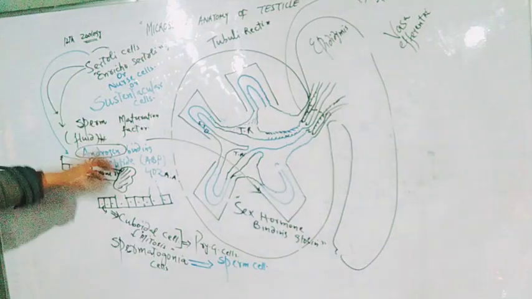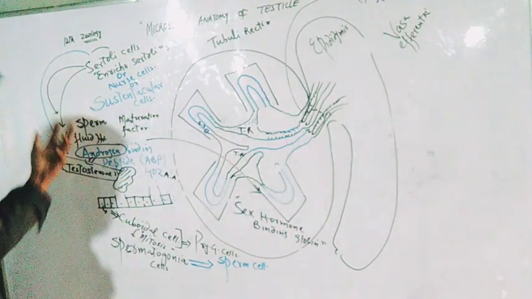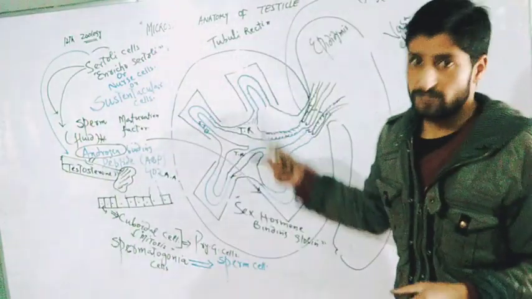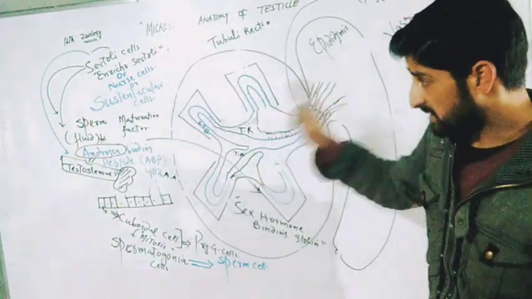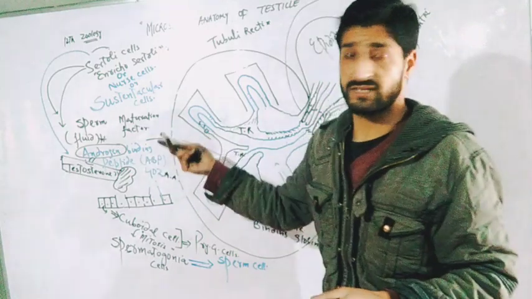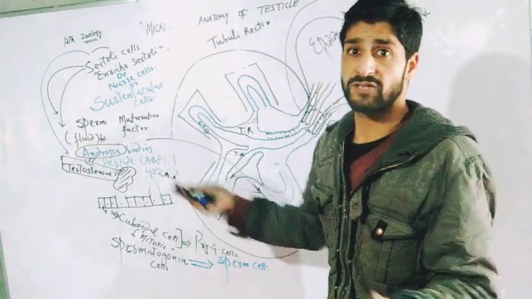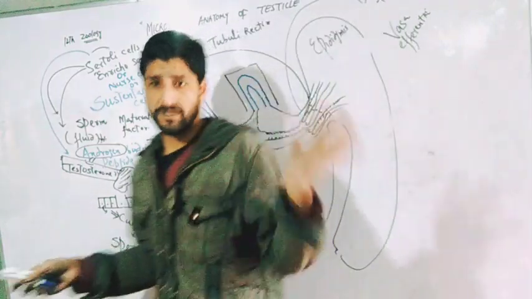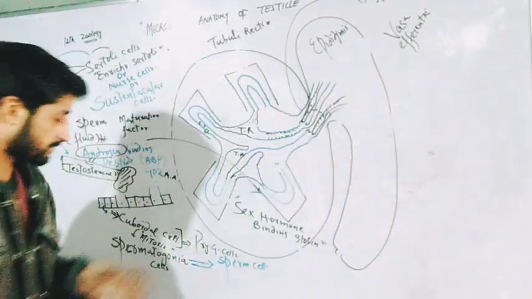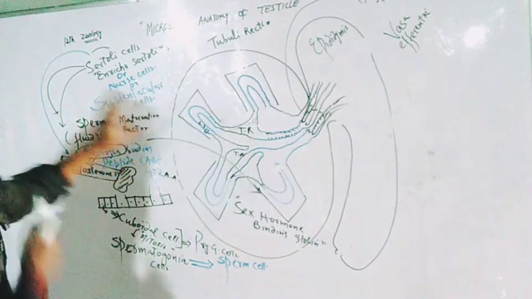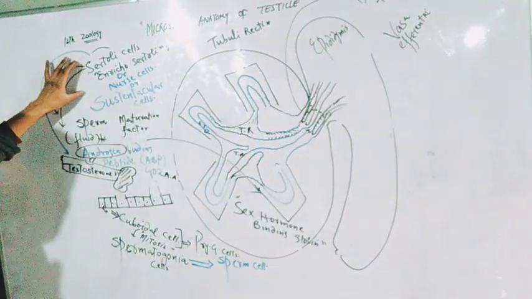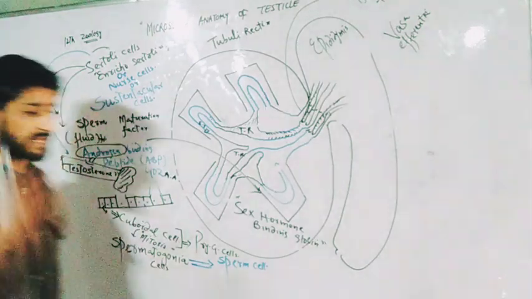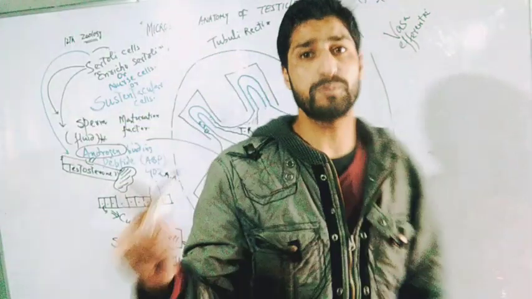So Sertoli cells nurse the sperm cells. First, by producing the nutrients essential for maturation of sperms. Not full maturation, that will be discussed in the female reproductive system. But right now, Sertoli cells produce fluids that are essential for the survival of sperms.